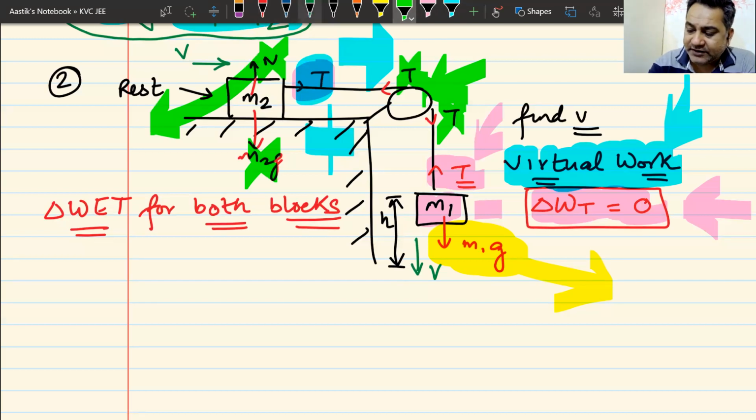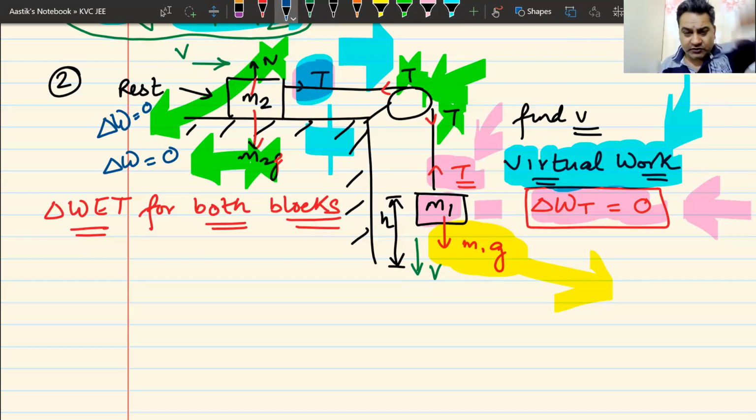Similarly, the work done by this weight is going to be 0. Why? Because weight is downwards and displacement is horizontal. The angle is 90.